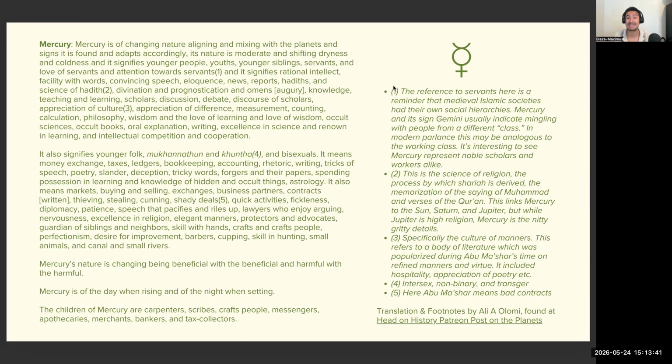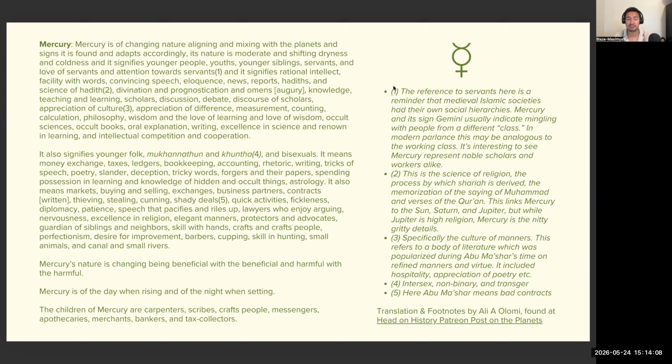And Mercury is these nitty-gritty details of transmission of knowledge, of information. And from this information of the sayings of the Prophet and the Quran, we then see the actual laws and customs of Islam that are then established as the Sharia. But Sharia can refer to anyone. Anyone can have their own Sharia, which is their own customs and beliefs and things that inform their worldview.